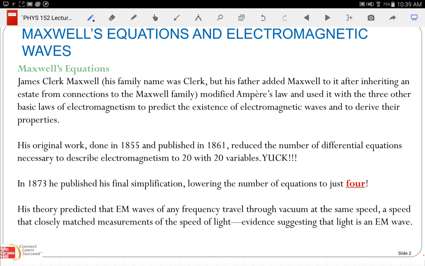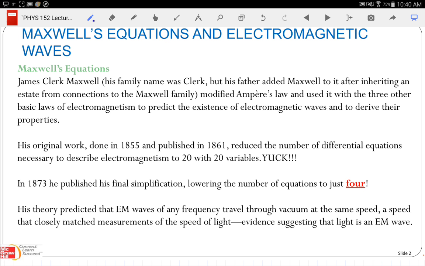And he published that in, what does it say, 61? And then another 12 years later, he had an epiphany and was able to bring it down to just 4 equations. And so now we have 4 differential equations, equations that we call Maxwell's laws, that describe everything in electricity and magnetism.